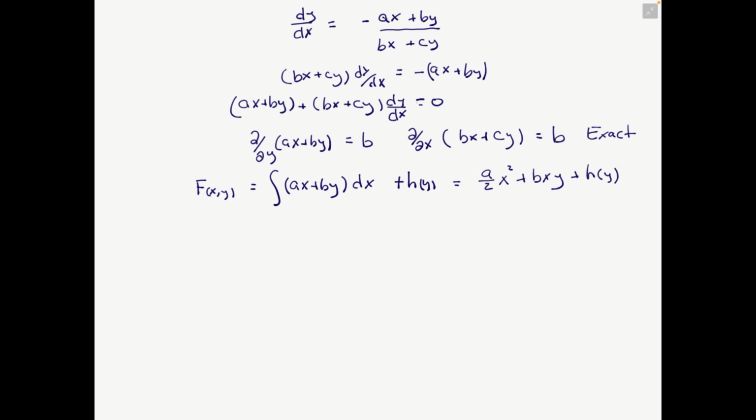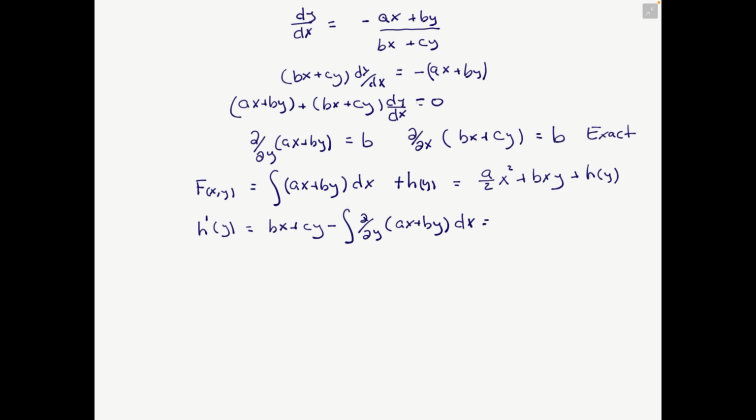The integral of ax plus by dx plus h of y is equal to a over 2 x squared plus bxy plus h of y.